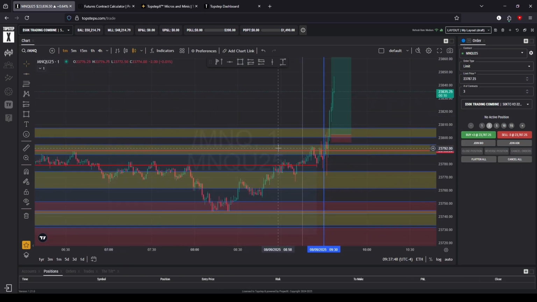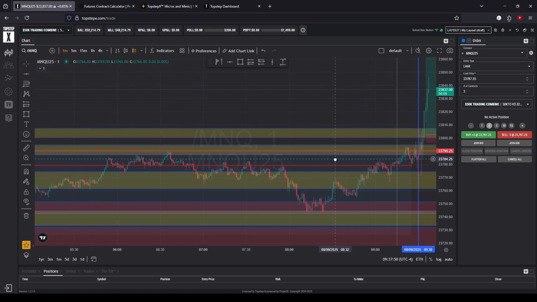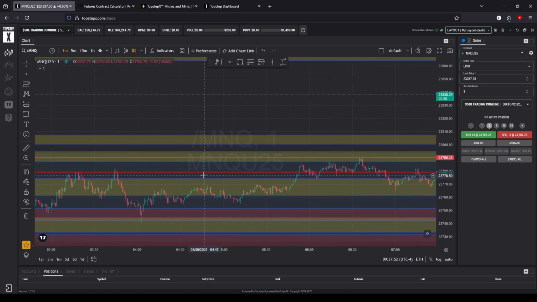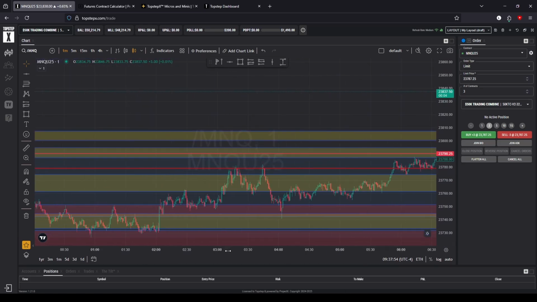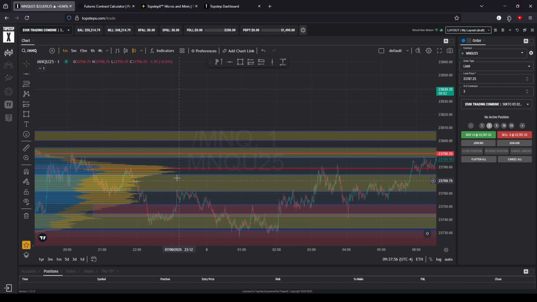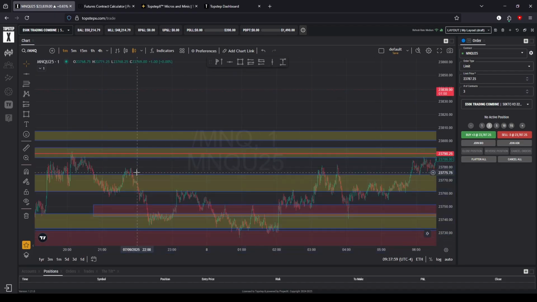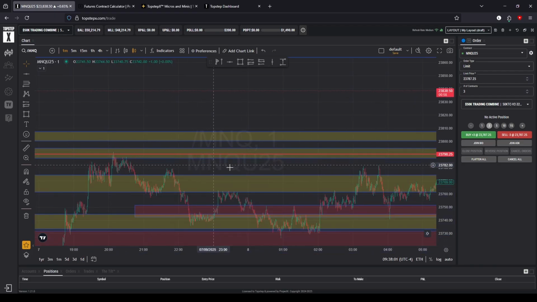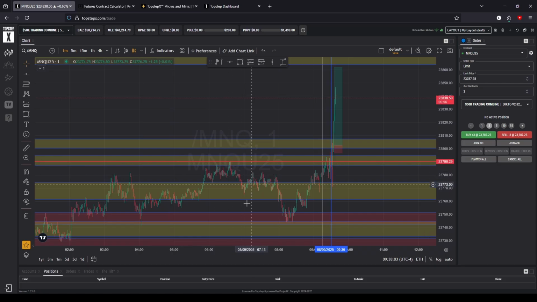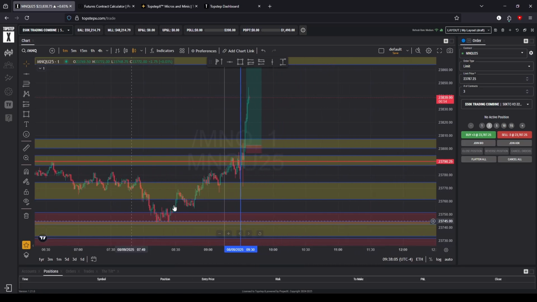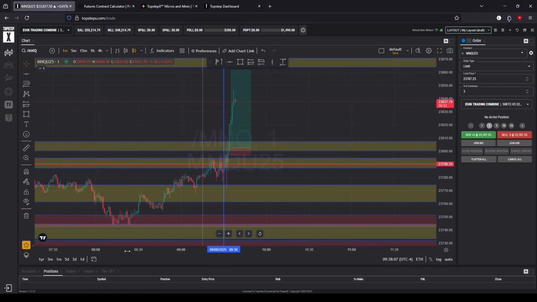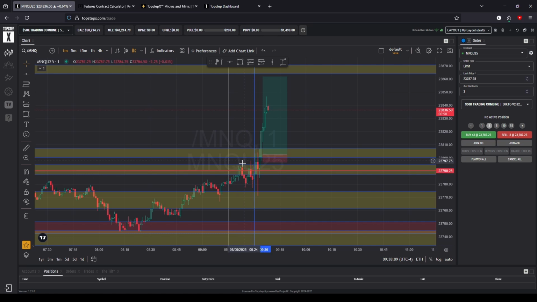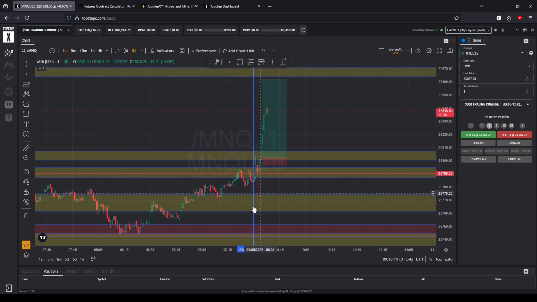Even besides the zone, you have a bit of support and resistance. It has been tested a few times today. Let me get rid of this. Yeah, it went up here, tested once, tested twice, and then the third time it went up slowly, and so it broke through nicely.